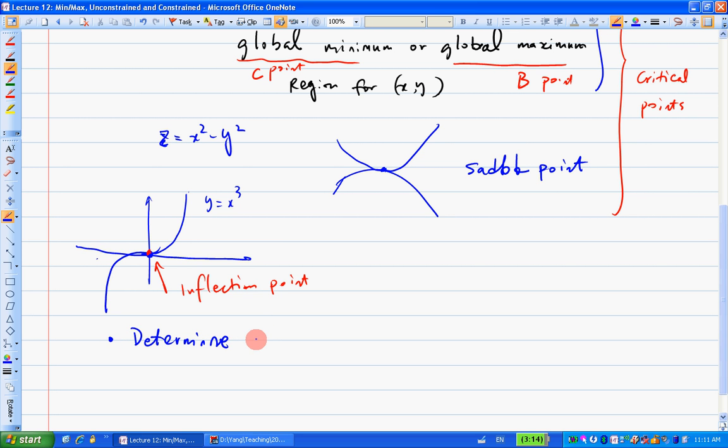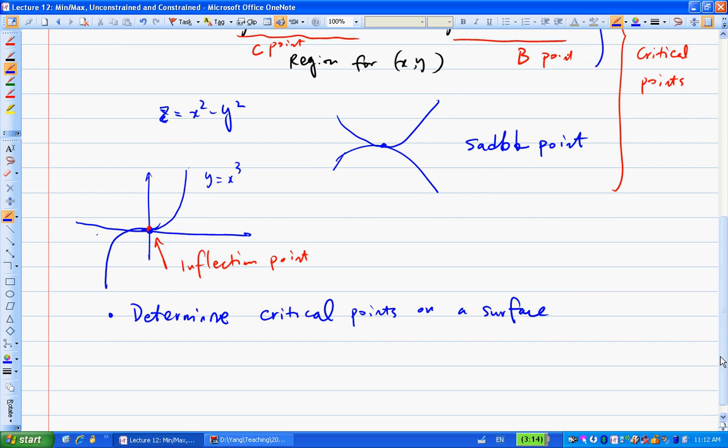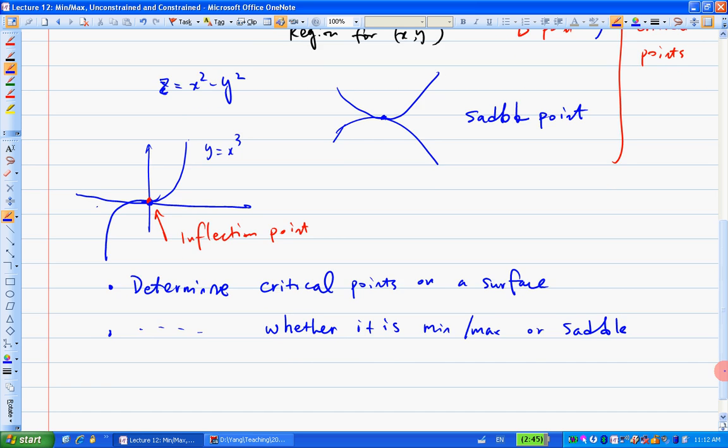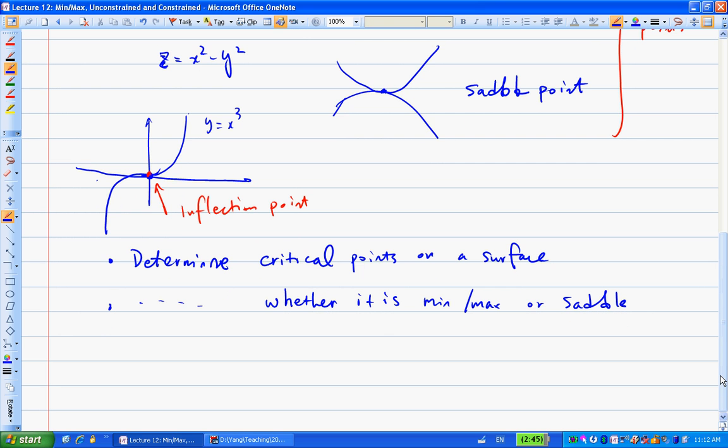First, we're going to determine critical points on a surface. Then we're going to determine whether it is min or max or saddle. So this is the first objective of this lecture.